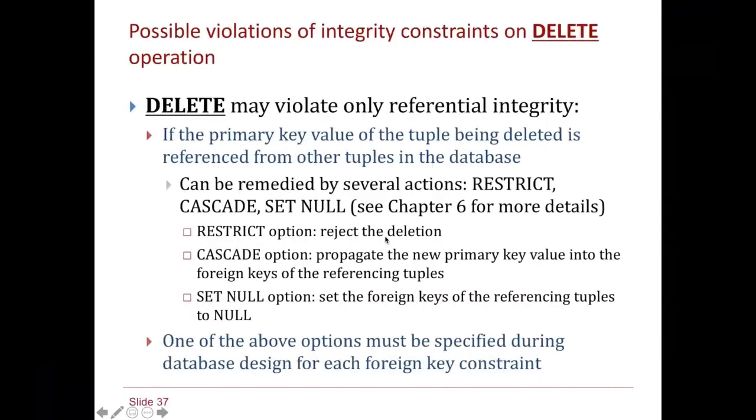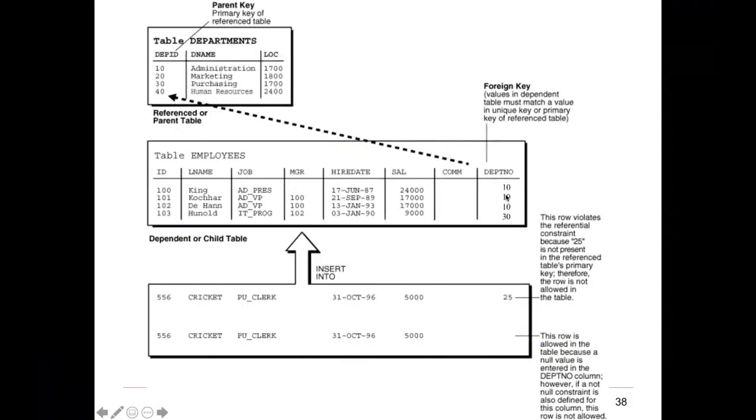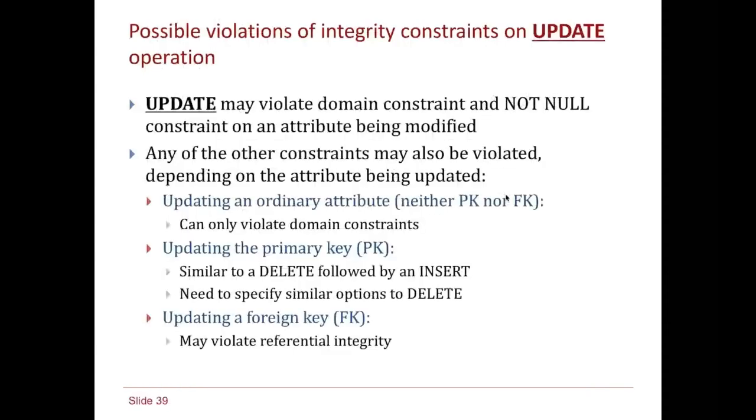The first operation that we can request in the query is restrict. Restrict means that if we are violating some foreign keys, then the operation must be rejected. The DBMS should not allow us, and it should reject our operation if there is any foreign key violation.